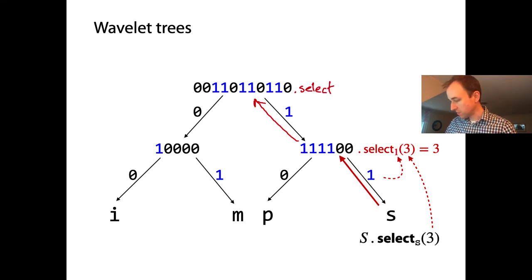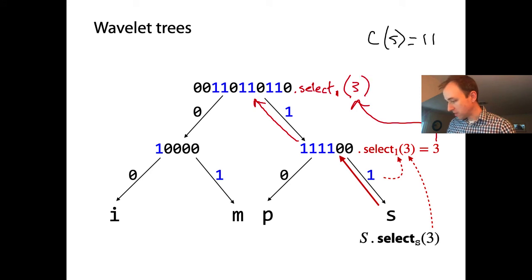Again, the subscript of the select query, my code went away, but remember that the code for S was 1, 1. So the subscript to this select query is going to be 1. And the input to this select query is just going to be the output of the previous select query. So again, we're asking now to please select the 1 of rank 3. And let's think about what that means.